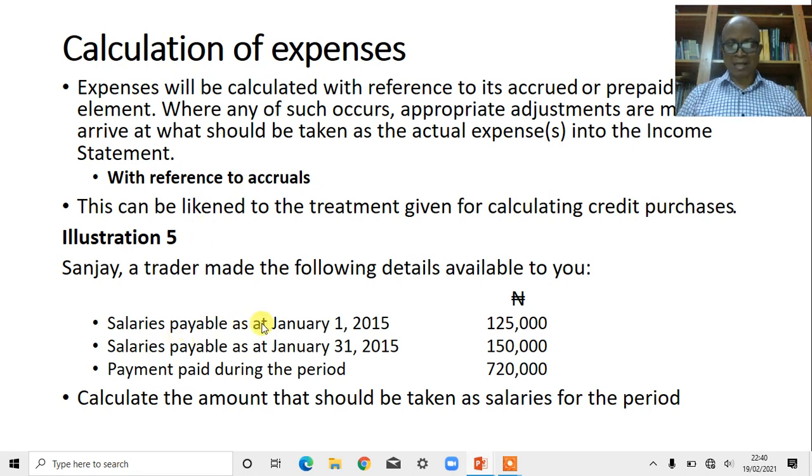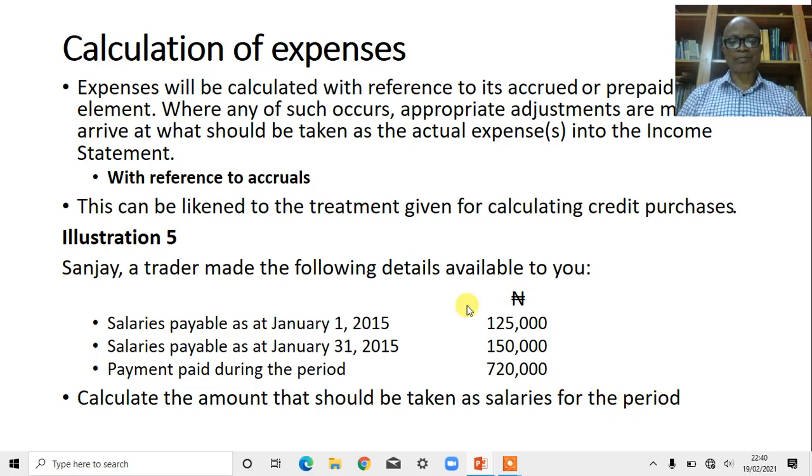Salaries payable as at January 1, 2015, a total of 125,000. Salaries payable as at the end of January 2015, 150,000 naira. Payment made during the period 720,000 naira. Calculate the amount that should be taken as salaries for the period.